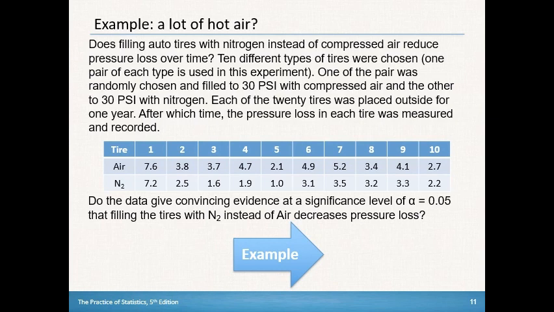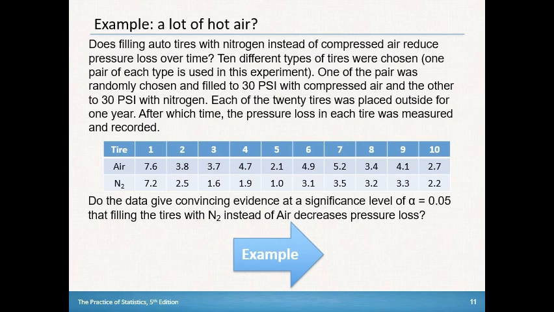So rather than give us the psi, this is how many psi below 30 each tire was. In this case, high numbers represent larger pressure loss, so the ideal situation would be a very low number. That would mean the tire did not lose much pressure.